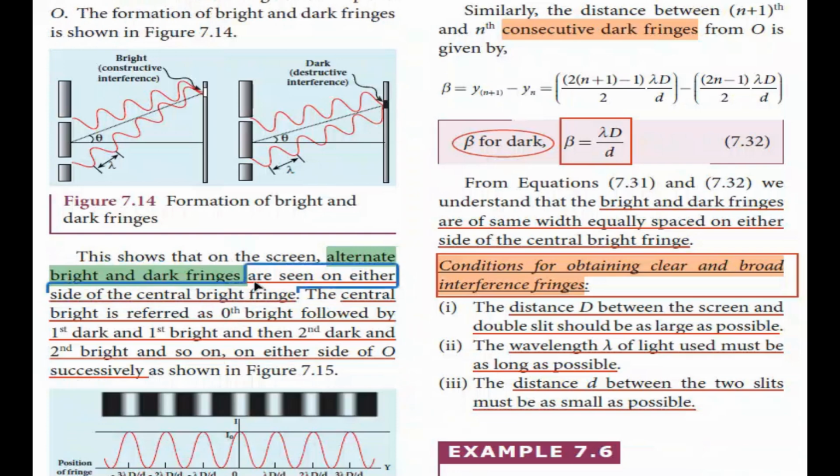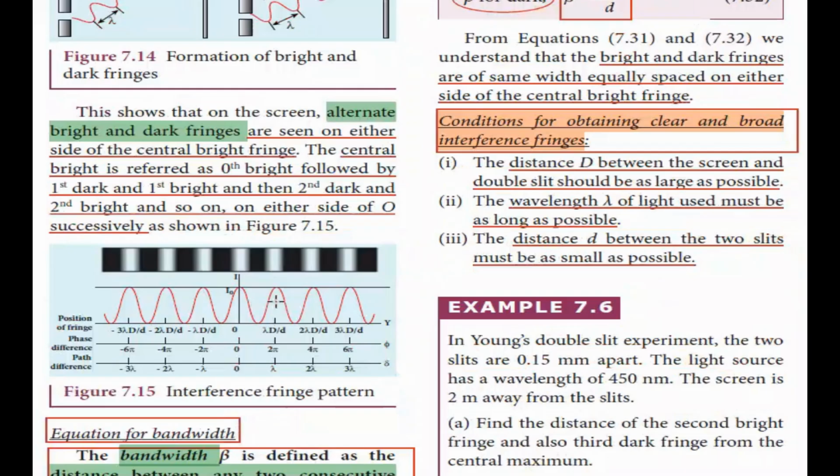So this shows that on the screen alternate bright and dark fringes are seen on either side of the central bright fringe. The central bright fringe is referred to as the zeroth bright fringe, followed by the first dark and first bright, then the second dark and second bright, and so on either side of O successively as shown here. This is the interference fringe pattern.